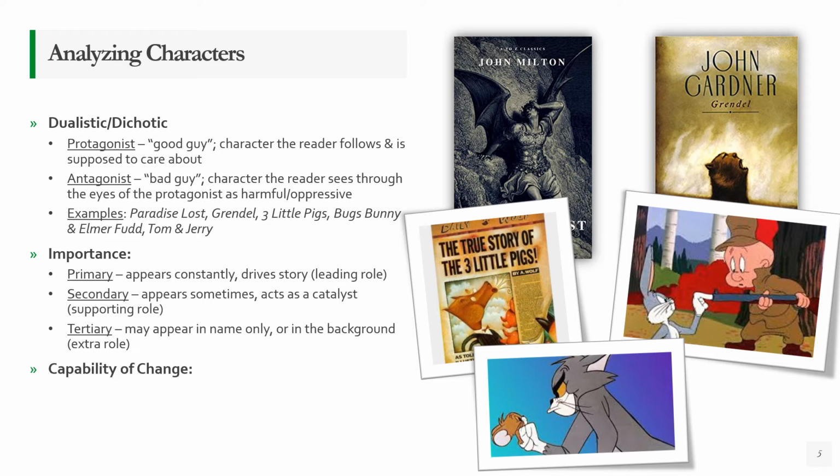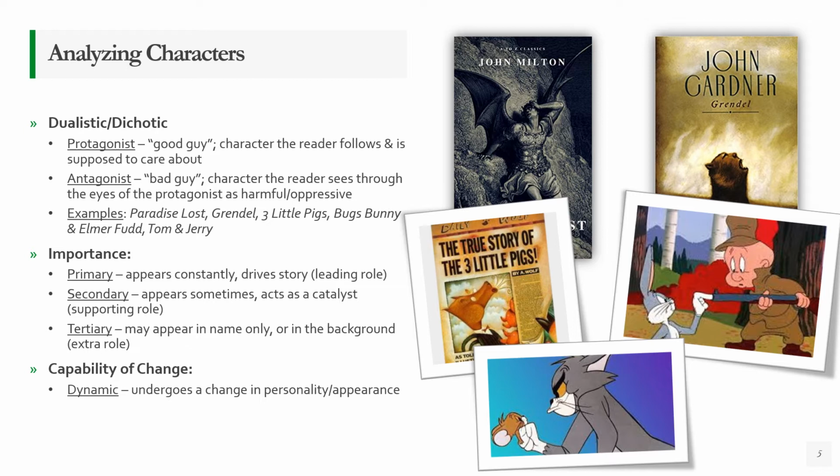So one final way that we can look at characters here, now that I've gotten long-winded, is we have two different versions of characters who are categorized based on whether or not they are capable of change. You might have a dynamic character, and most of the time a protagonist in a story is a primary character and a dynamic character. They fit all three.